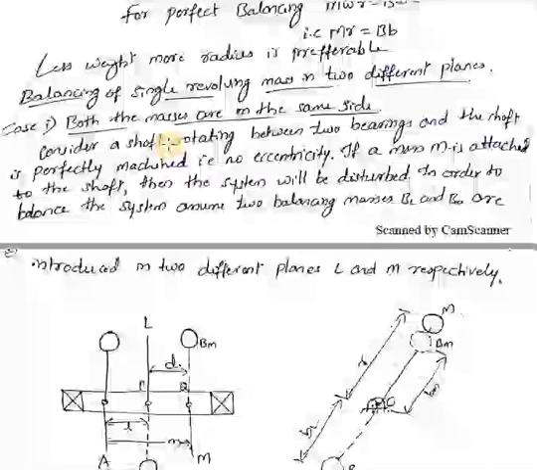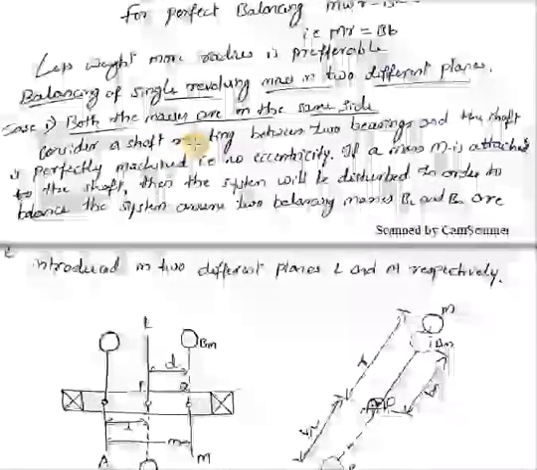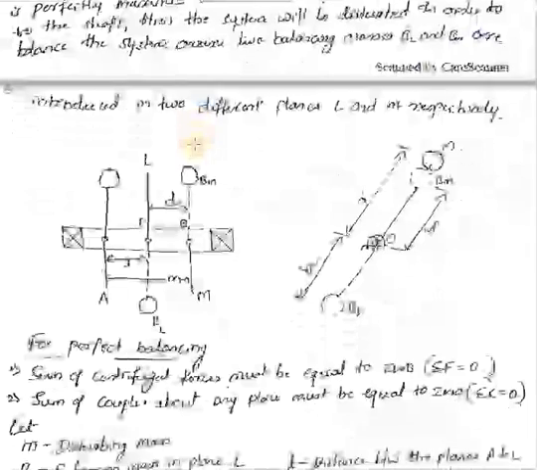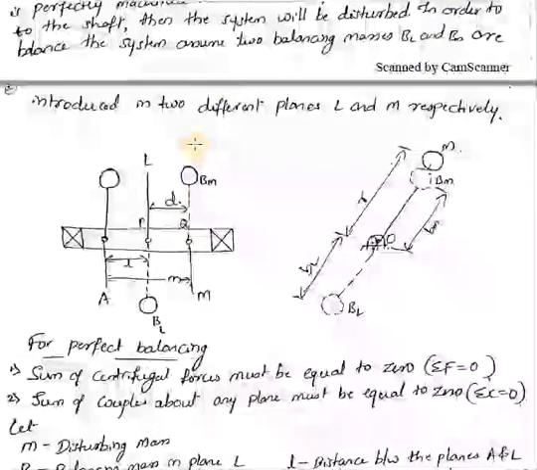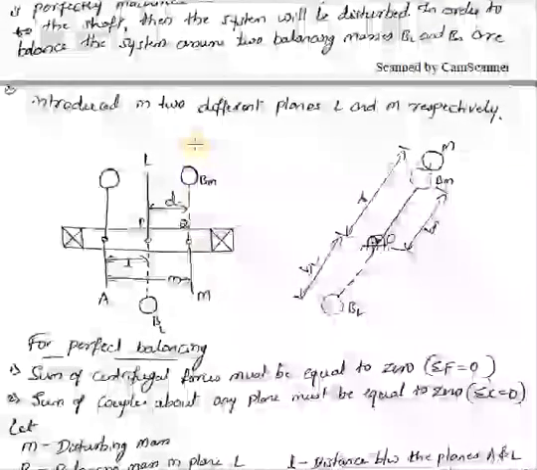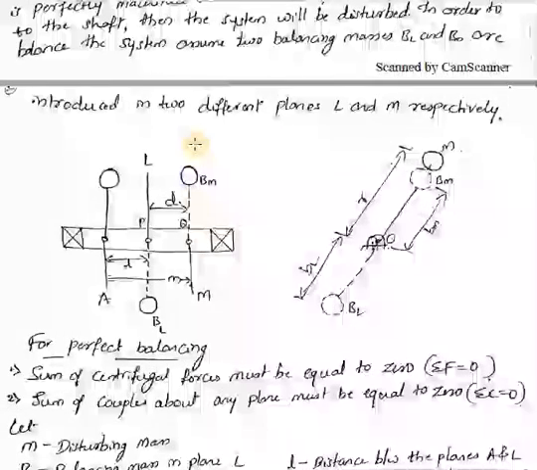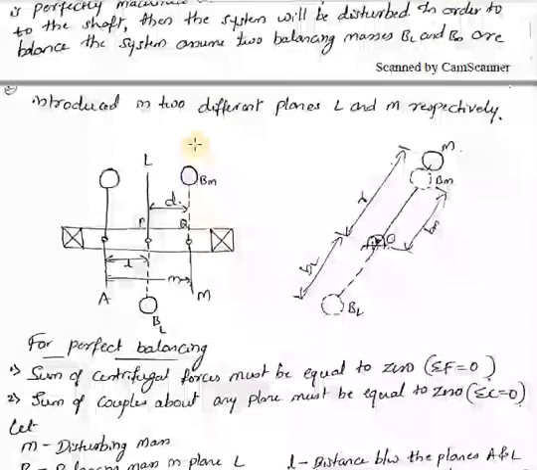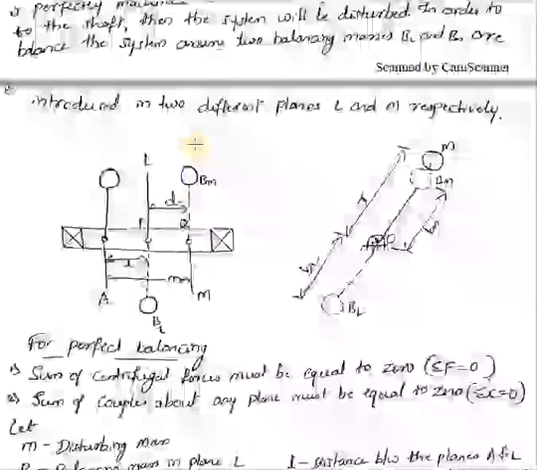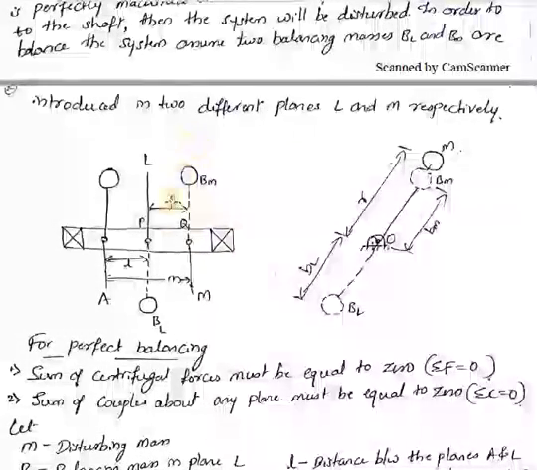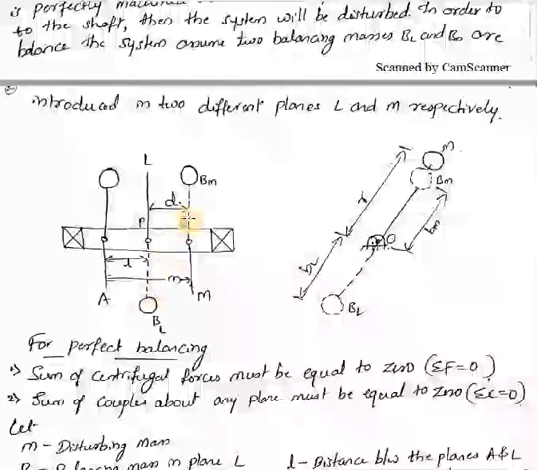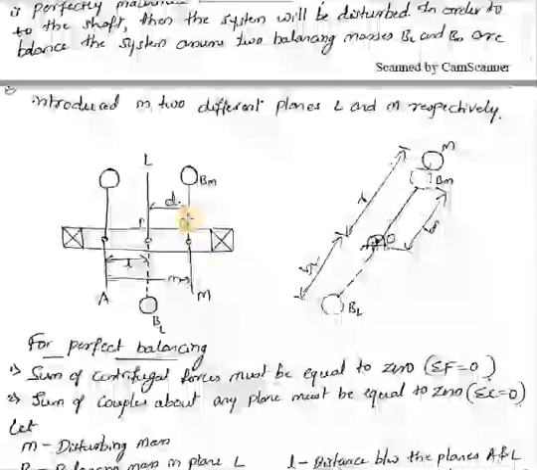Let us consider a shaft rotating between two bearings, and the shaft is perfectly machined, that is, there is no eccentricity. If the mass M is attached to the shaft, then the system will be disturbed. In order to balance the system, assume two balancing masses, BL and BM, introduced in two different planes L and M respectively.